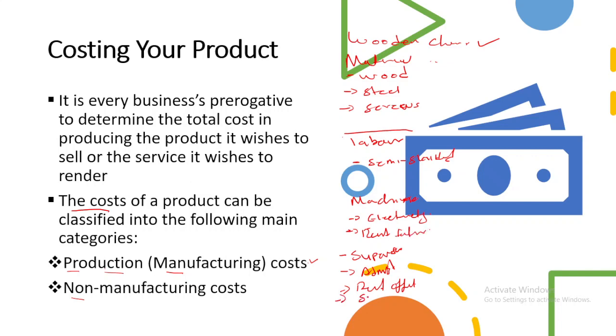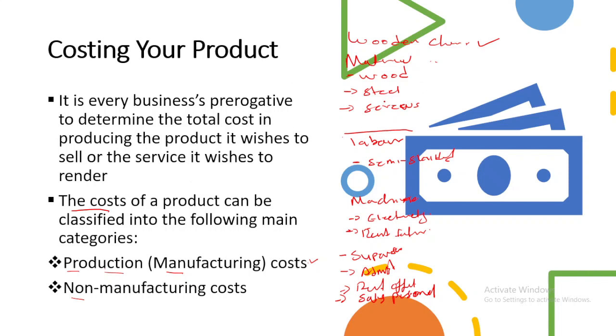And then we're going to have sales personnel. So these are all the types of cost we can incur in producing a product, non-manufacturing and production cost, assuming that we are going to be producing this chair.